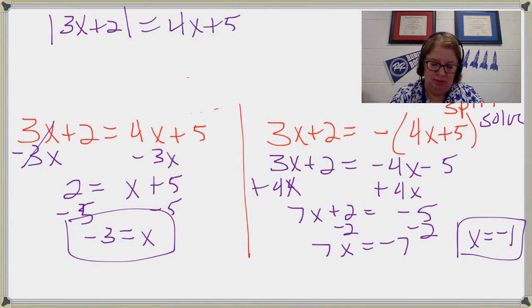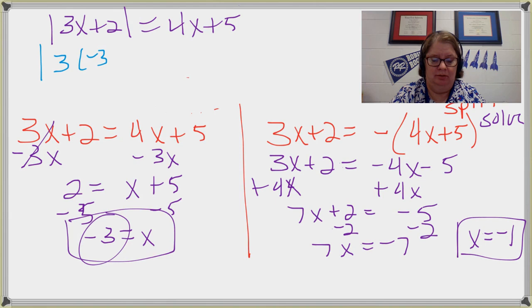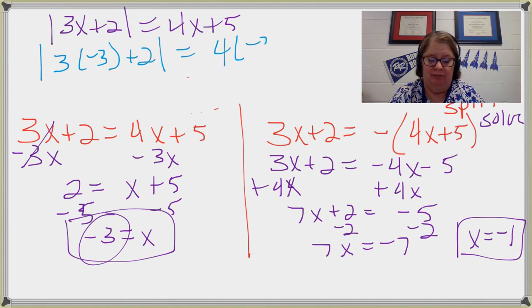If I take this negative 3 that we got and plug that in, everywhere we see an x, we replace it with negative 3. This is negative 9, plus 2 is negative 7. 4 times negative 3 is negative 12, plus 5 is negative 7.